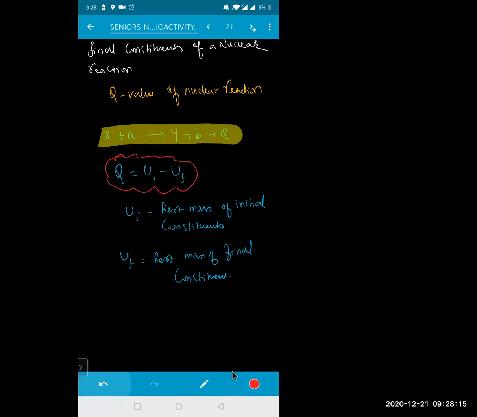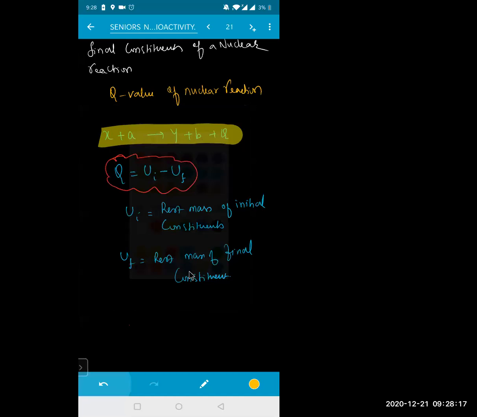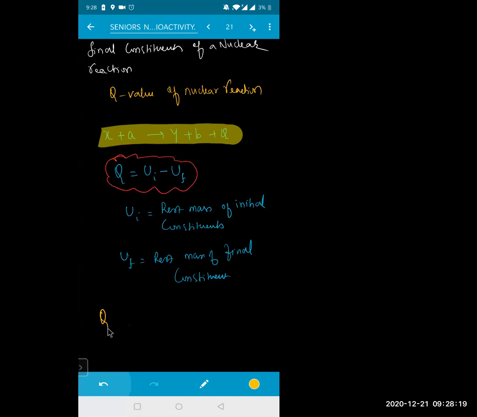Okay, so let me write the Q value in more detail. Q value will be equal to mass of X plus mass of A minus mass of Y minus mass of B, into C square.